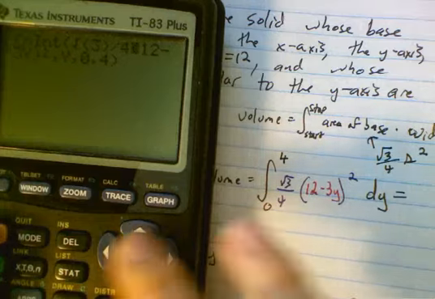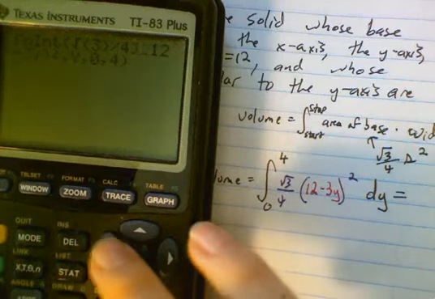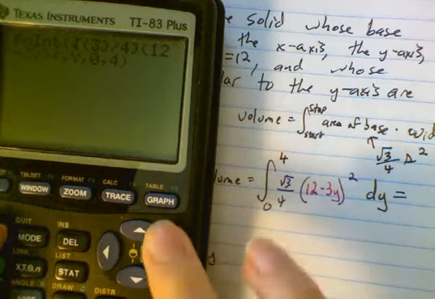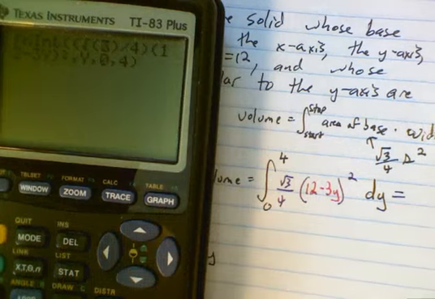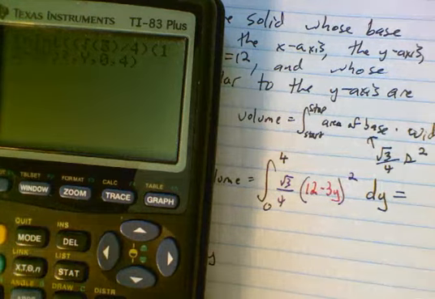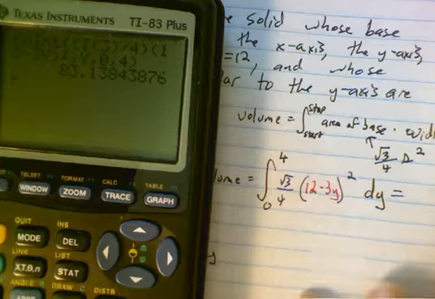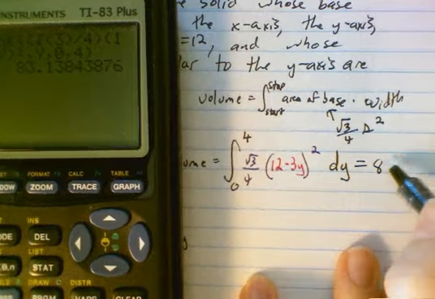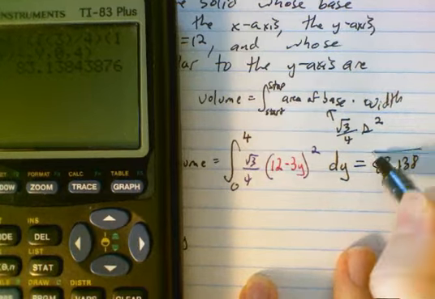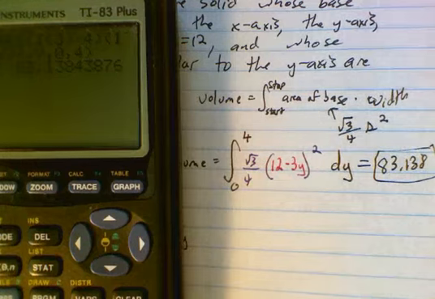On some of the calculators, you're going to need to put this fraction, root 3 over 4, in parentheses. It doesn't hurt if you do it on the 83s, but on the 82s, I think you have to do it that way. And there we go. So, this concludes Geometric Applications 5 notes.